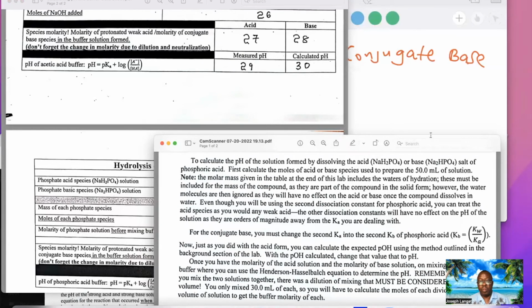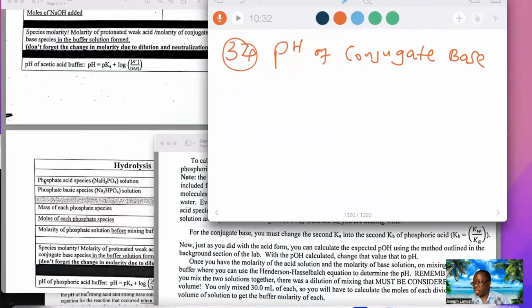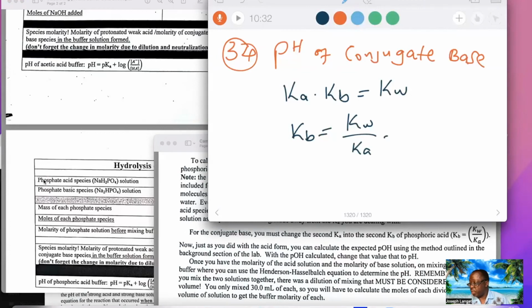First of all, you need to know that Ka times Kb equals Kw. So Kb equals Kw over Ka, since it is a base. So we have to find Kb, which equals 1.00 times 10 raised to negative 14 over 10 raised to negative 7.198.